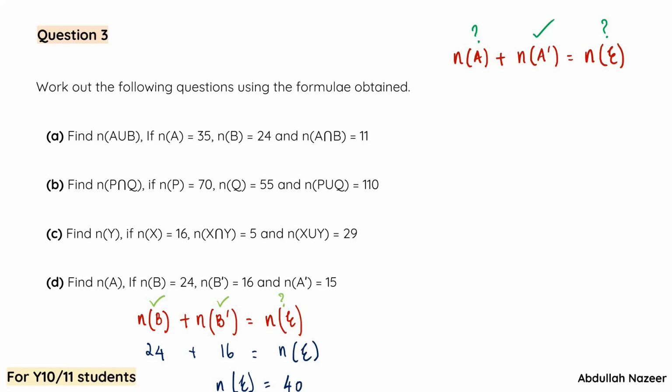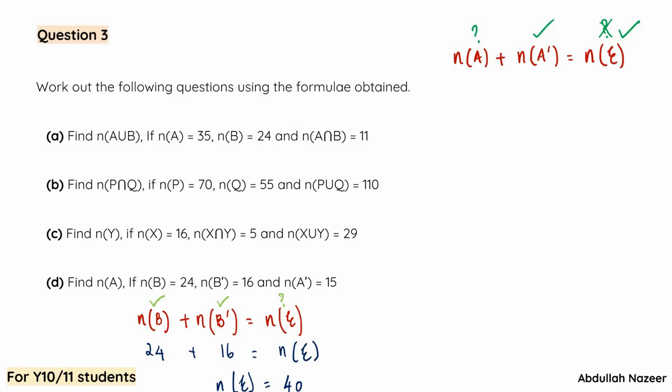And now if we go back to the previous formula, we realize that now we have n(universal set). So this equation now only has one unknown, which is n(A), or the number of elements in A. So we can now find it by plugging in the remaining values.